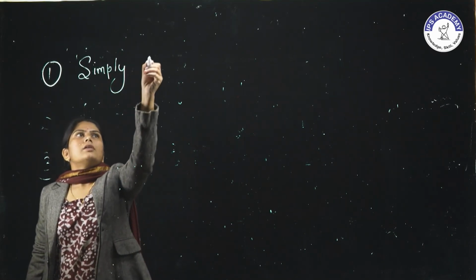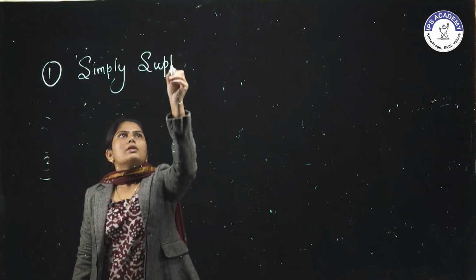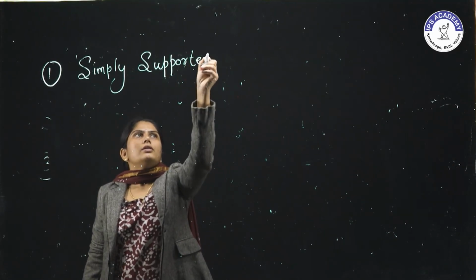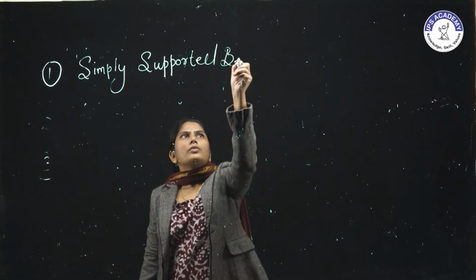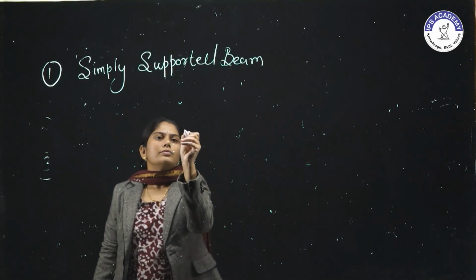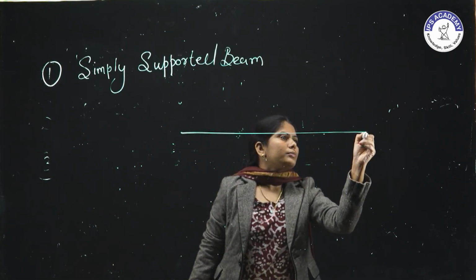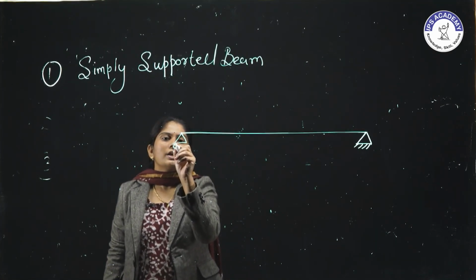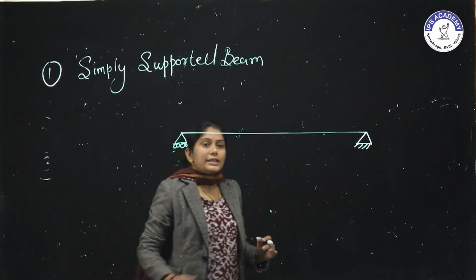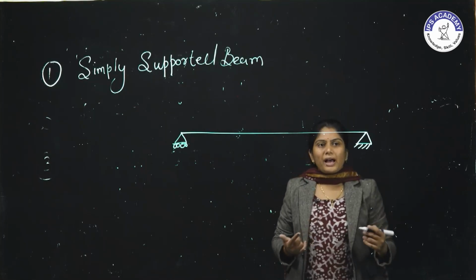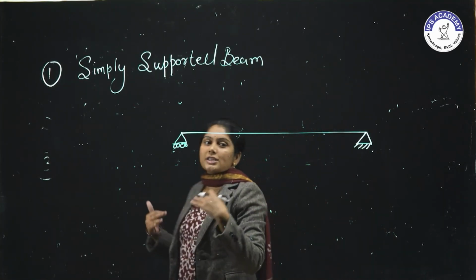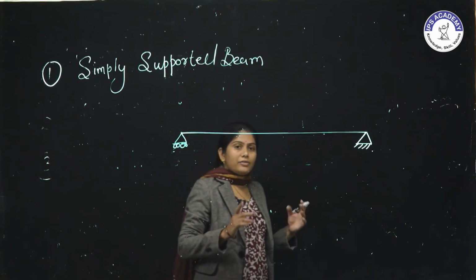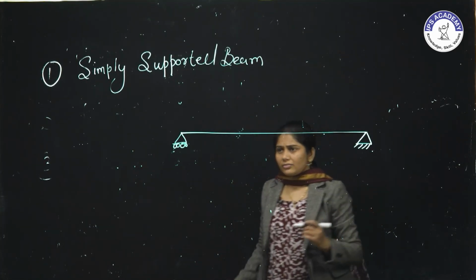So first one is simply supported beam. This is the diagram. This type of beam is supported by hinge, roller or smooth surface and has only one span.